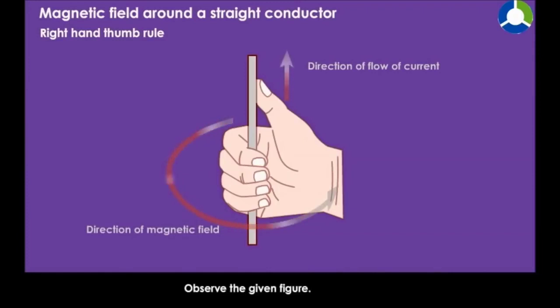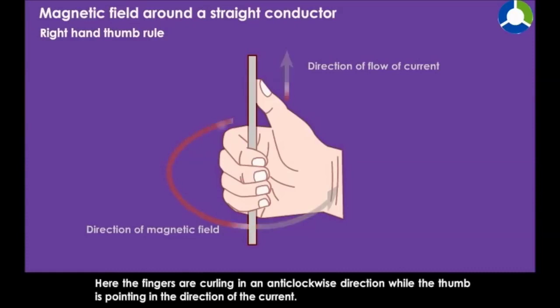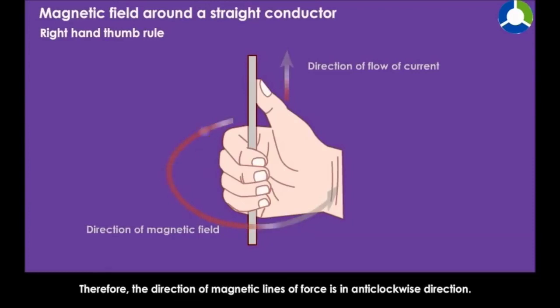Observe the given figure. Here the fingers are curling in an anti-clockwise direction while the thumb is pointing in the direction of the current. Therefore, the direction of magnetic lines of force is in anti-clockwise direction.